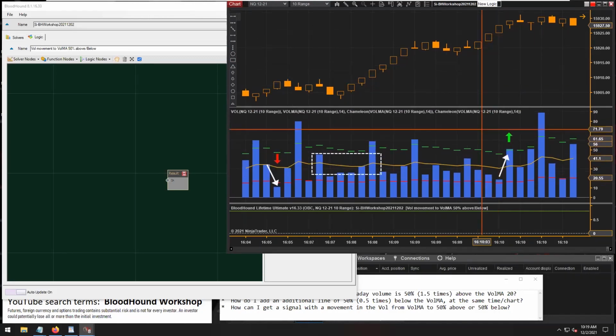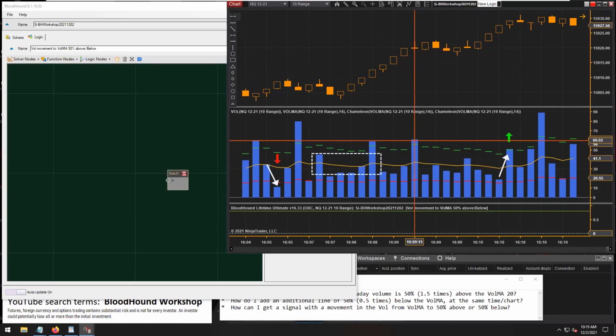So what we're doing is comparing the raw volume to the Chameleon indicator, where the Chameleon indicator is set up in a unique way to multiply the volume MA indicator. So we're looking for the volume to be greater than Chameleon, when it's set up as 1.5 times the volume MA. Or we're looking for volume, like over here, to be below or less than Chameleon, when Chameleon is set up as half of the volume MA.